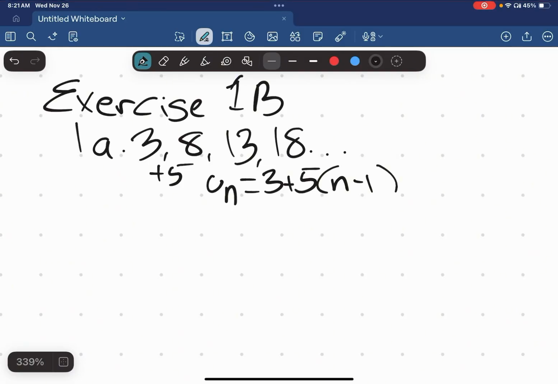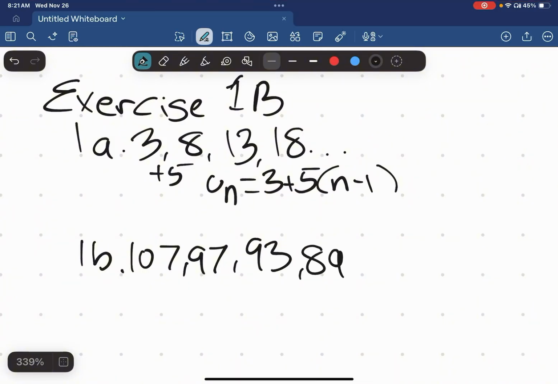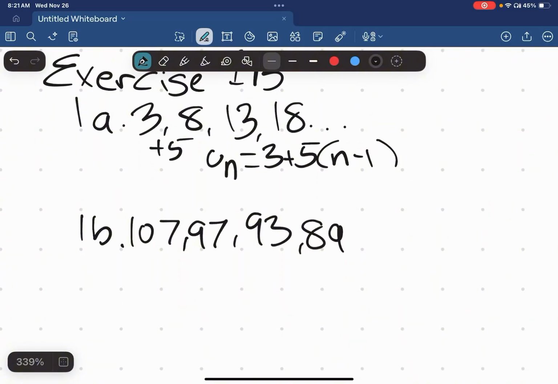Okay, 1b, we have 101, 97, 93, 89. As I said from last video, we must recognize that this is a decreasing pattern. Our u1 term is 101.